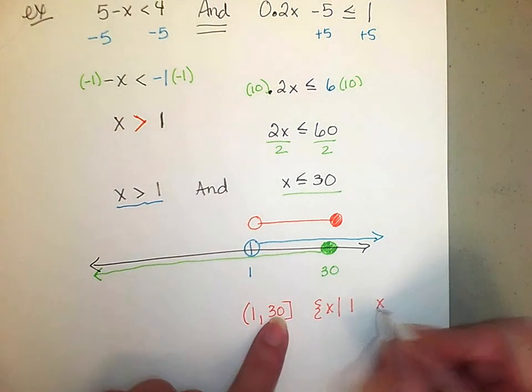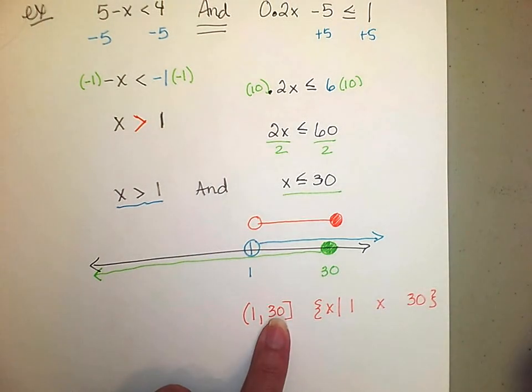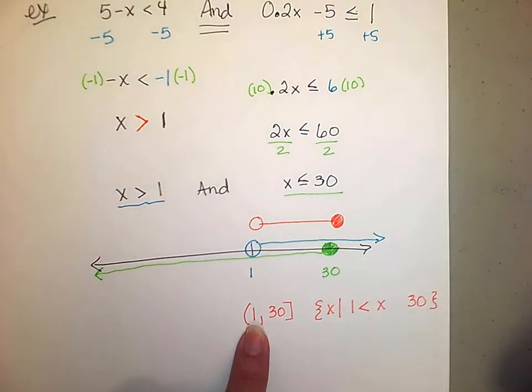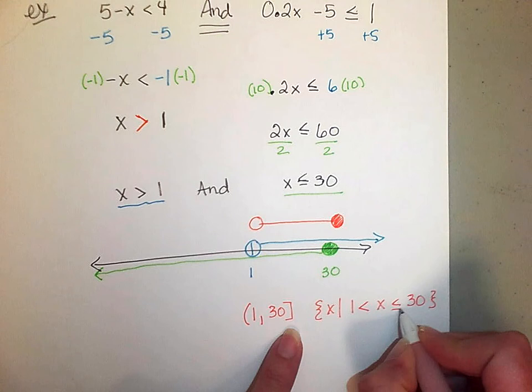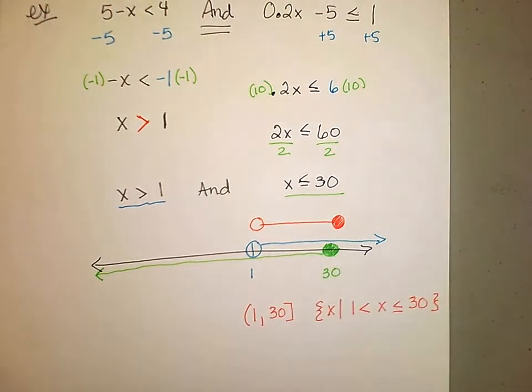X will go in between that and 30. I'll close the brace for the set builder notation. X can be greater than, but not including, 1, and less than or equal to 30. So sometimes you might actually have to draw them out and figure out what the solution set is.